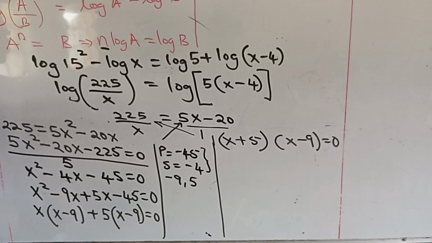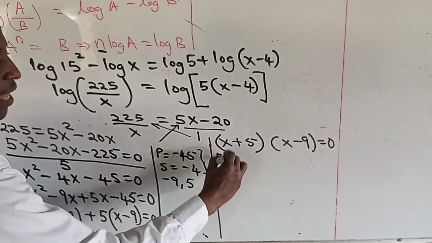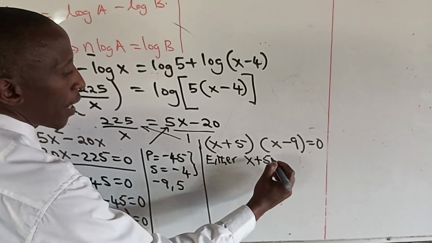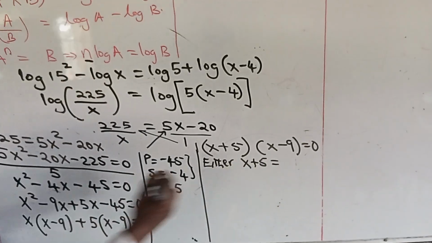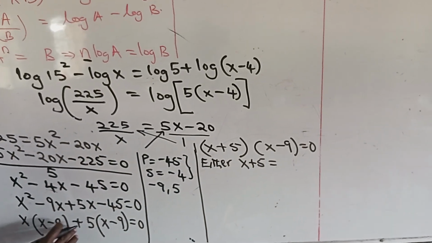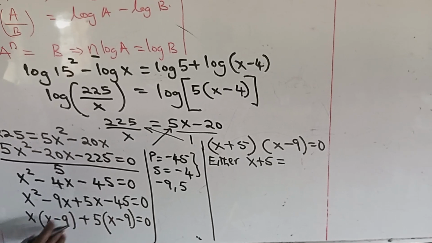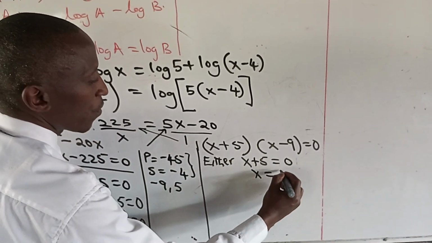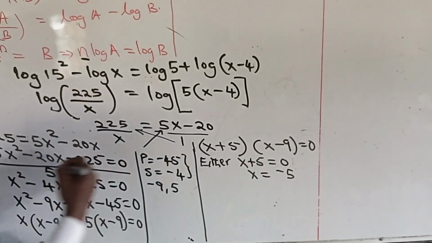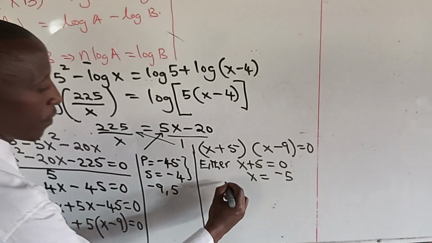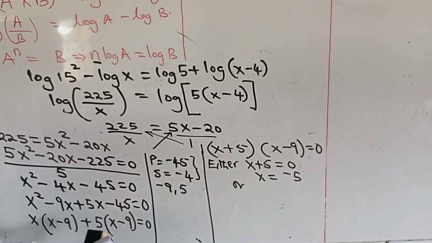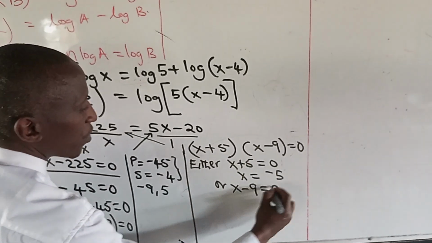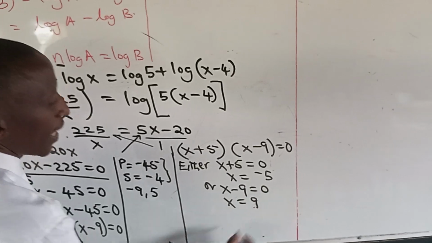At this point, we take either x plus 5 is equal to 0. That means x is equal to negative 5, or we have the other bit, x minus 9 is equal to 0, so x is equal to 9.